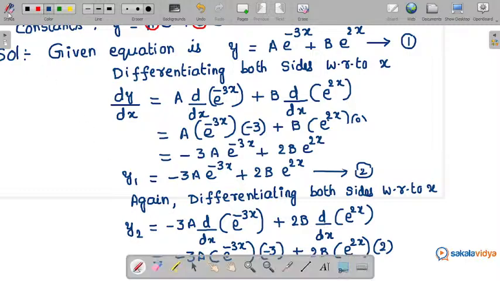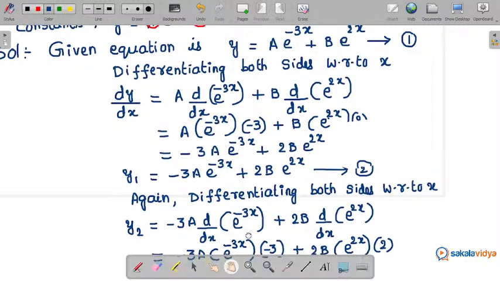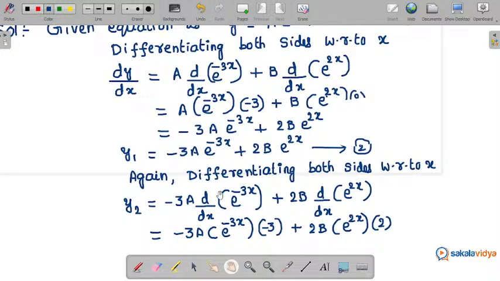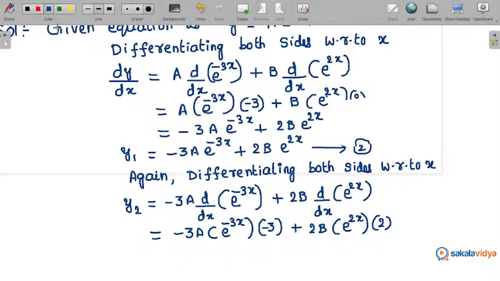So now again we need to simplify this one. This can be written as y2 equals negative 3a into negative 3, that is 9a times e power minus 3x, and 2b into 2, that is 4b, plus 4b times e power 2x.